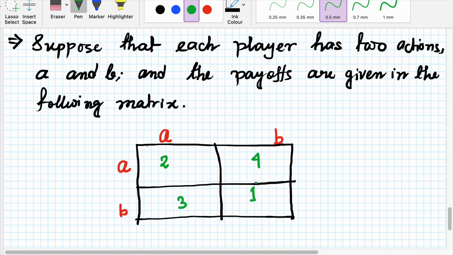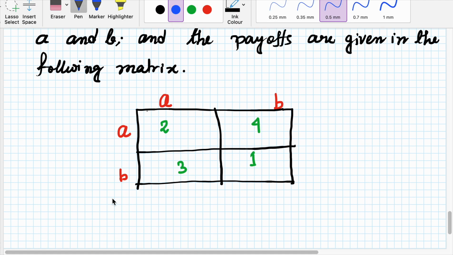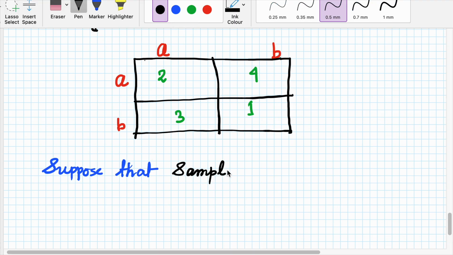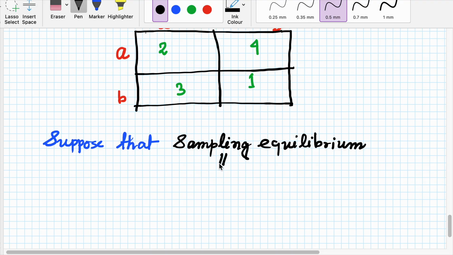Now suppose that the sampling equilibrium is the action profile.